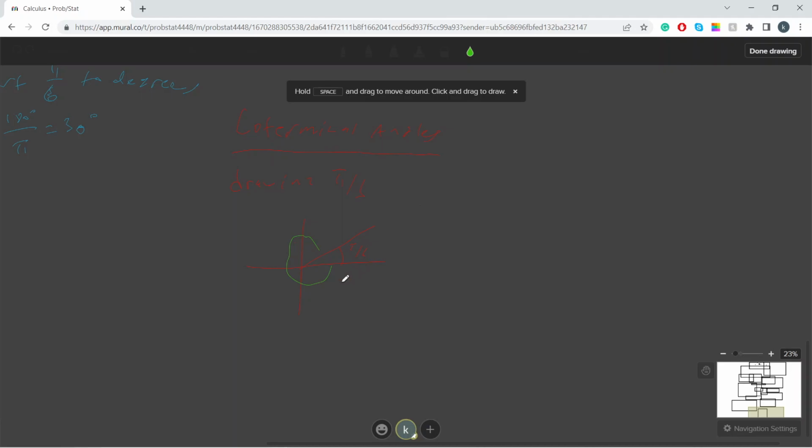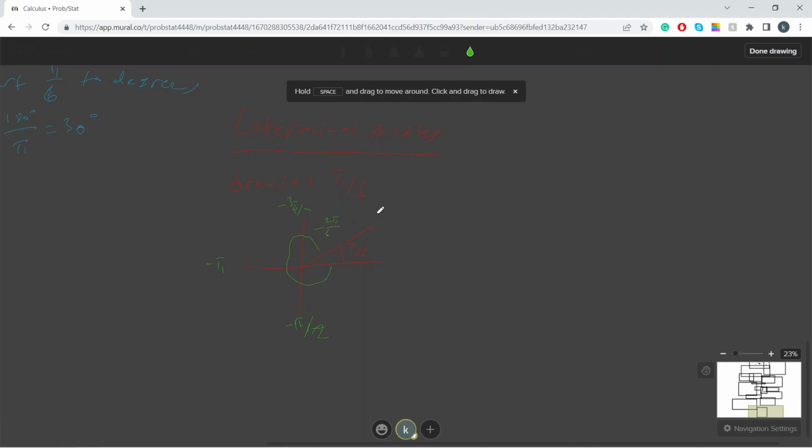So this is going to be negative pi over 2, negative pi. This is going to be negative 3 pi over 2. And then this angle here is going to be negative 2 pi over 6.